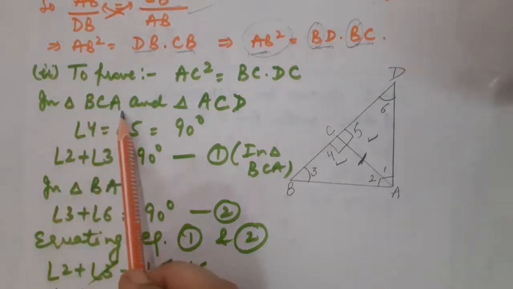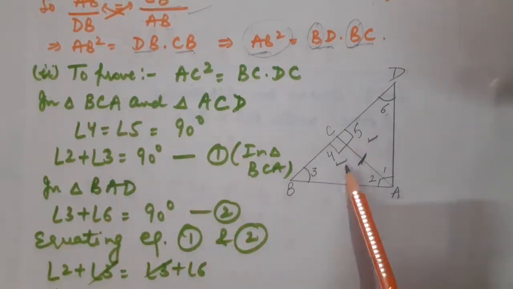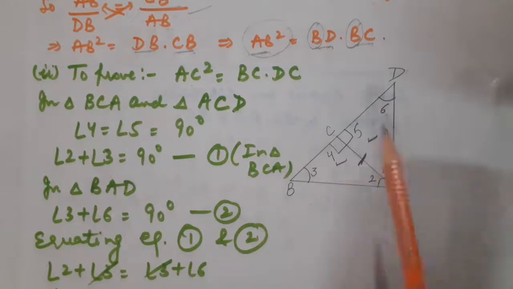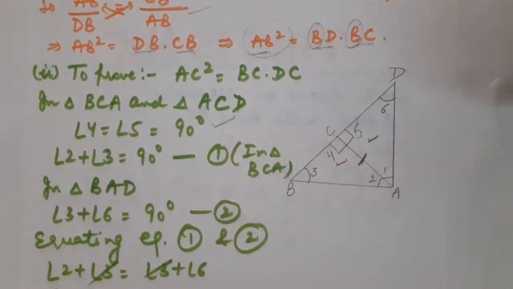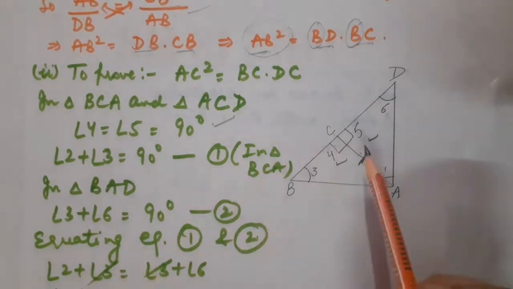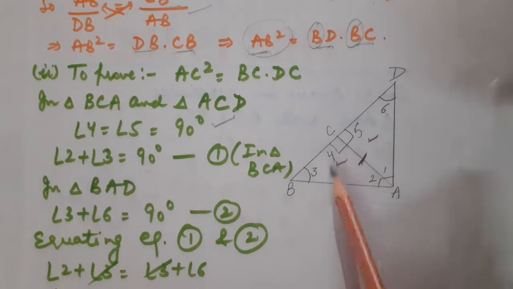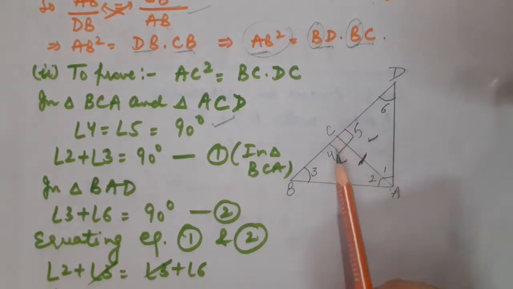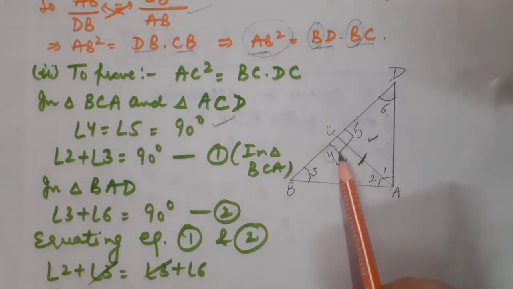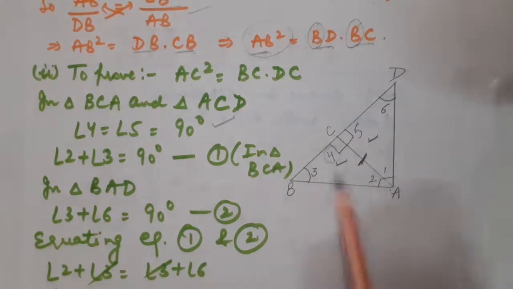So in triangle BCA and in triangle ACD, these two smaller triangles I am talking about, angle 4 is equal to angle 5. Reason behind, because each is of 90 degree. Correct? Now children, I am going to take triangle BCA. Do you remember I explained you that instead of 90 degree angle, I have to take the sum of rest 2.